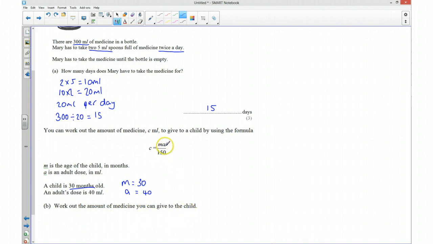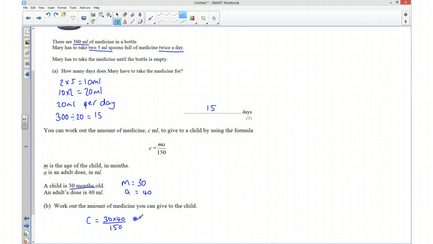Well, MA means 30 times 40, so that means C is going to be equal to 30 times 40, which is M times A, divided by 150.